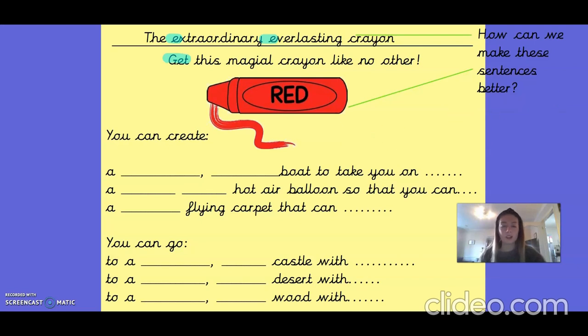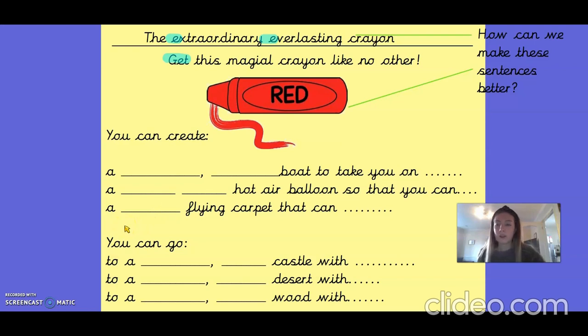So our next section then says you can create a something boat to take you. How are you going to describe the hot air balloon so that you can? And how are you going to describe the flying carpet? So we're going to explain to them the different things that they can create using their red crayon, just like Rebecca did in the story.